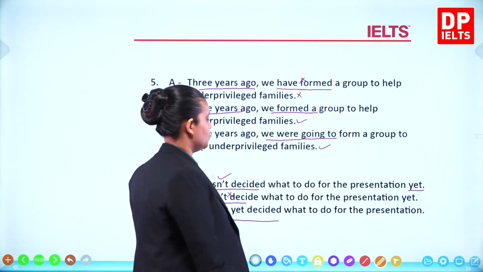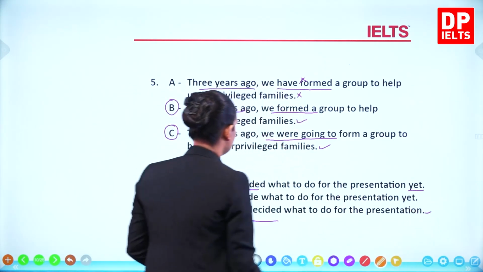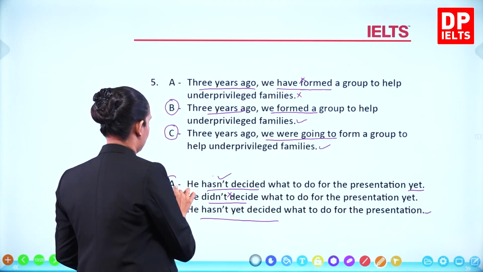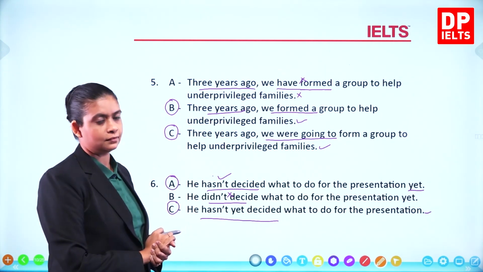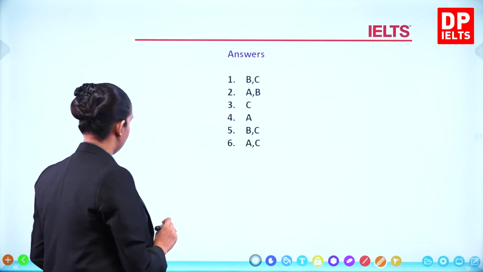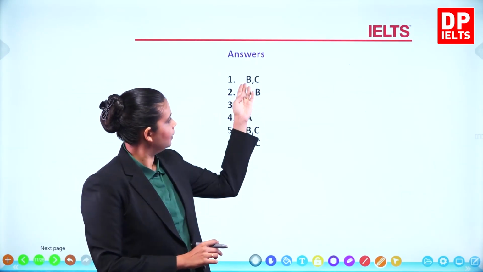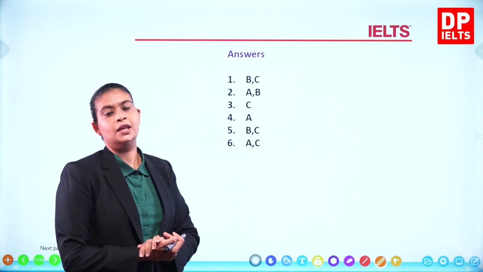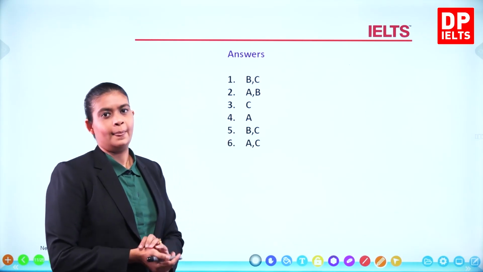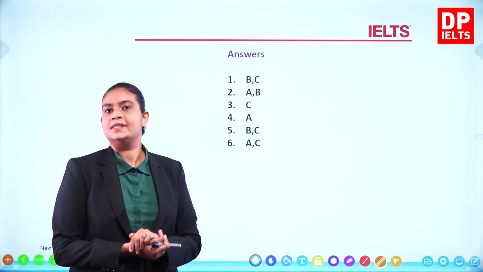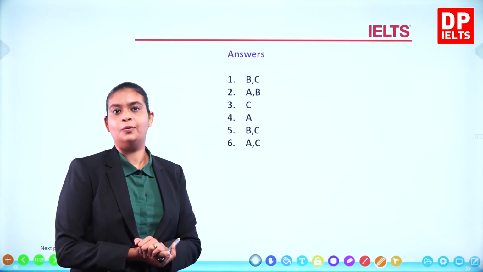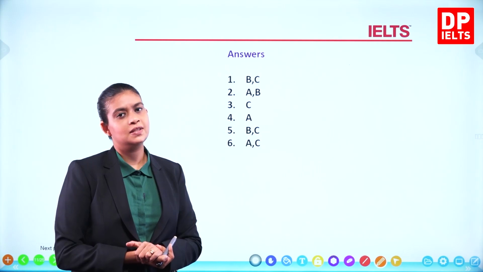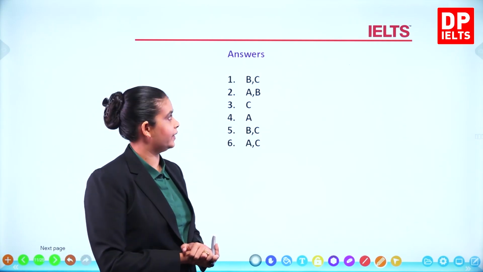So that is also correct. So which ones are correct? A and C. Let me put up the answers for you again. Please go through and see if you've got it. Now I hope you understand better why some of the answers were correct and why some were incorrect.